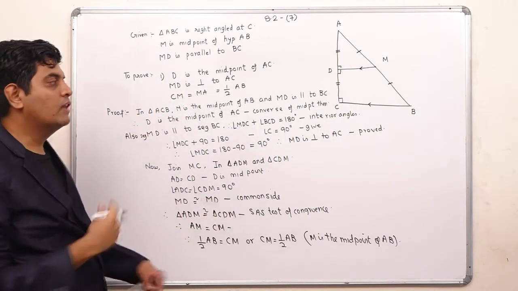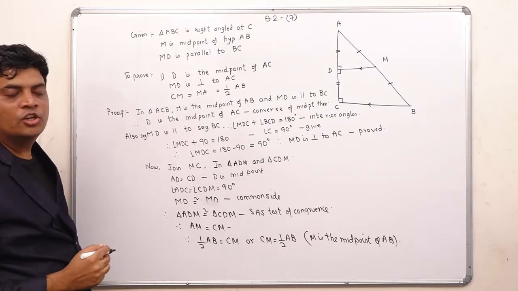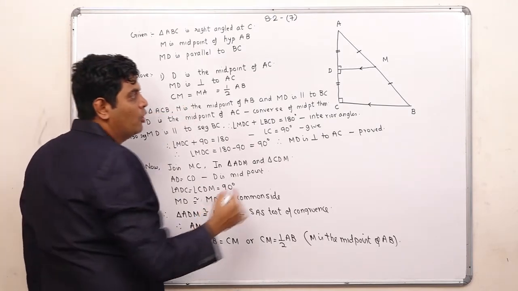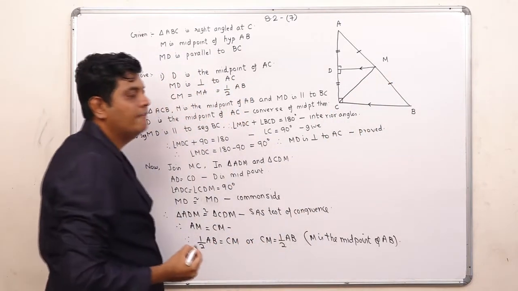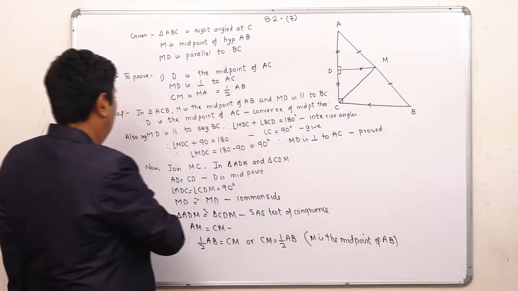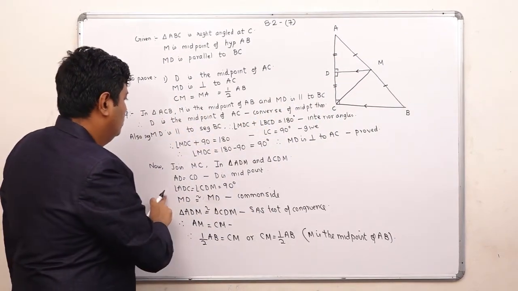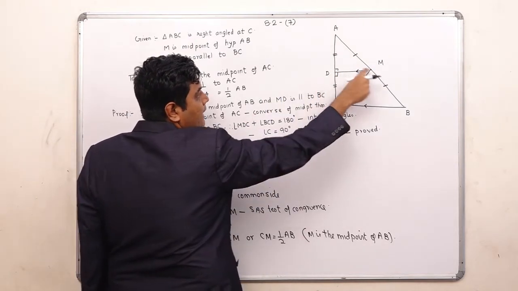Finished? Now third point. Third, we have to prove that CM is equal to MA, which is equal to half of AB. For that, what will I do? I will join CM. Now consider triangle ADM and CDM.